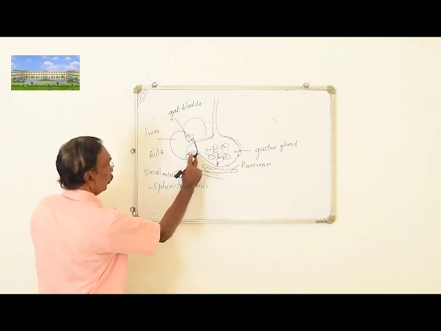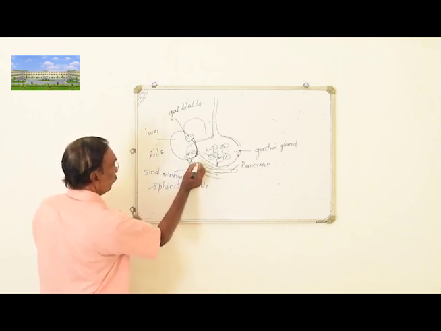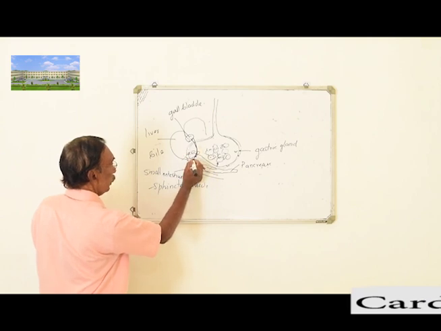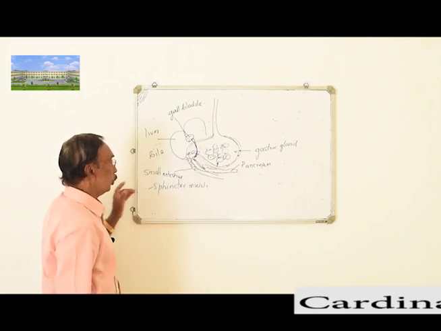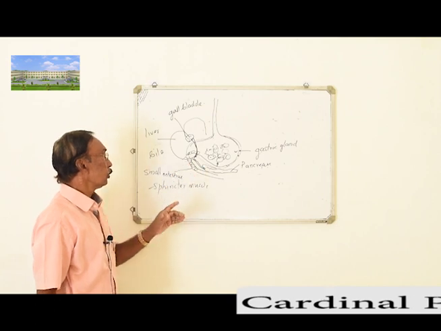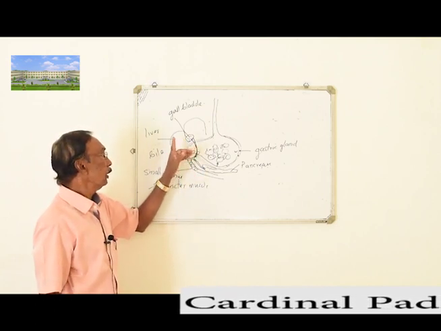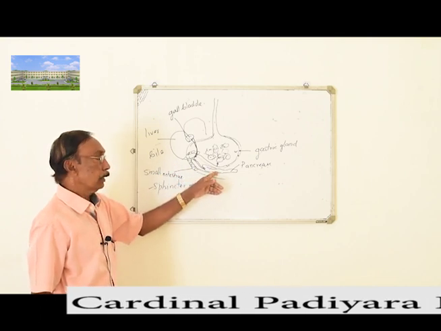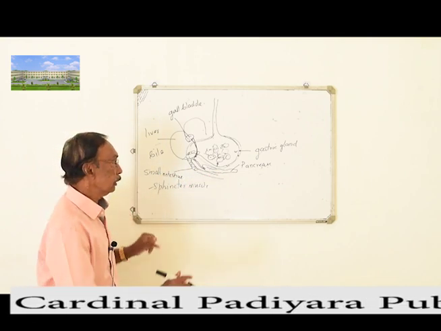And from the pancreas also, its secretion will come to the small intestine through a tube. You can see both the tubes will be joined before they join the small intestine or duodenum. So two secretions: one secretion of the liver, which is called bile, and the pancreas secretion, which is called pancreatic juice.